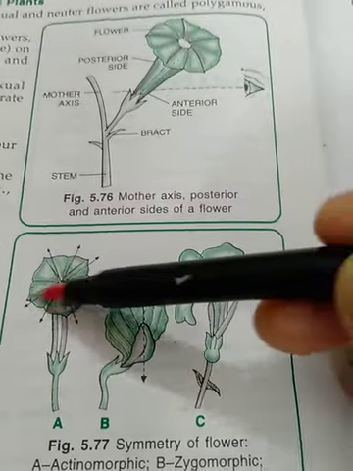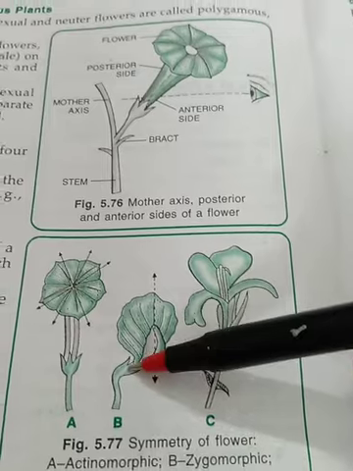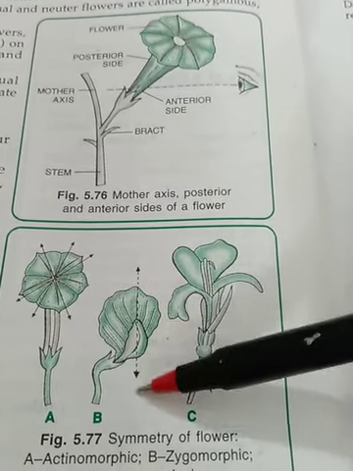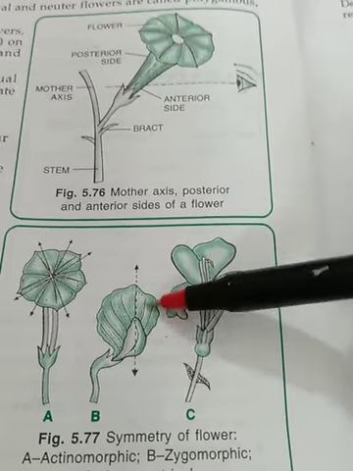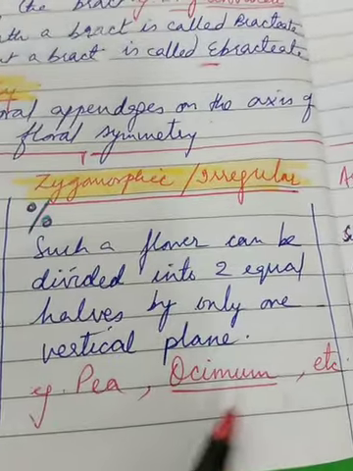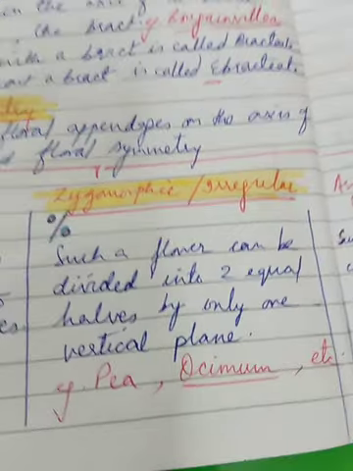Here, any direction will give two equal halves, but in this only one direction gives you two equal halves. The other directions, like if you cut like this, will not give equal halves, only one selective direction. So that is pea or ocimum, right? Tulsi we call it. So pea and ocimum or some other flowers.